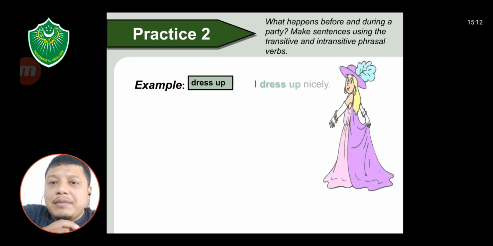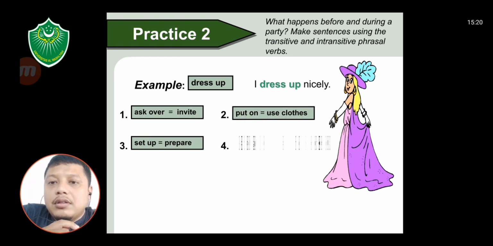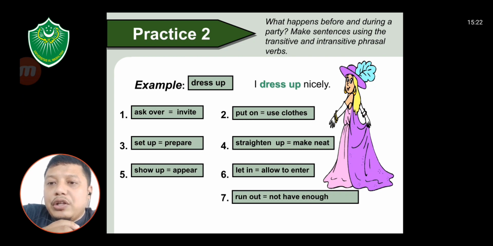Okay, right, for this practice you can pause this video and do the exercise in your house. There are a lot of examples of phrasal verbs here, and we can see dress up. It means you wear a suit, and also look very nice. Maybe we want to go to a very important event or party, you have to dress up nicely. Second, for number 1 we can see ask over, it means to invite someone.